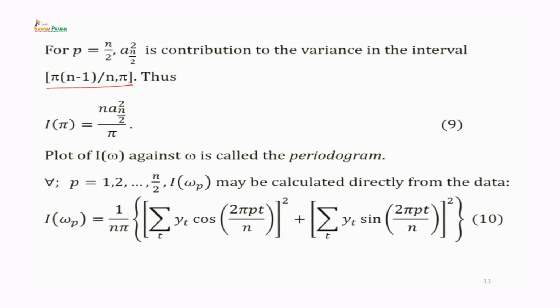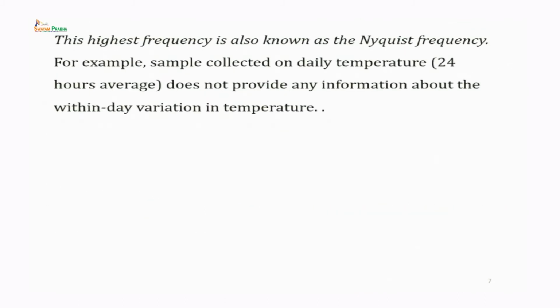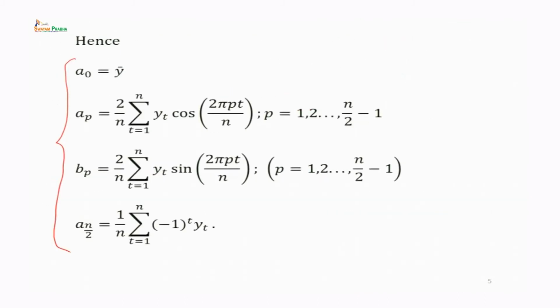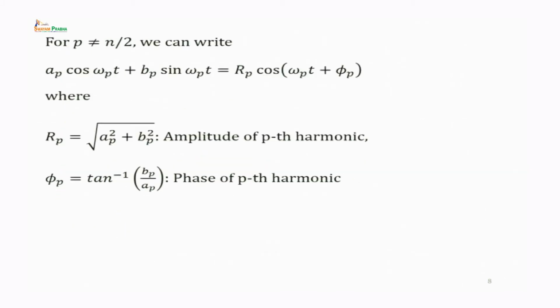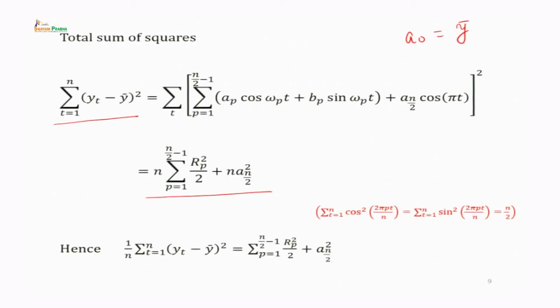To verify how we get this expression 10, you just look at the expression for a and b. What is A p? 2 by n summation y t cos 2 pi p t by n, b p is this, and R p square is equal to A p square plus b p square.